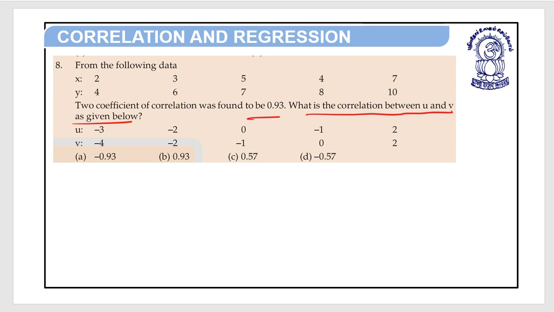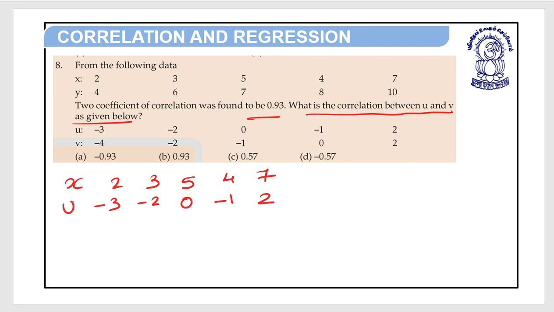Here x is 2, 3, 5, 4, 7 and u is minus 3, minus 2, 0, minus 1 and 2.